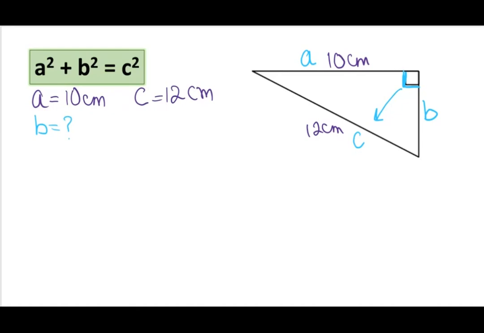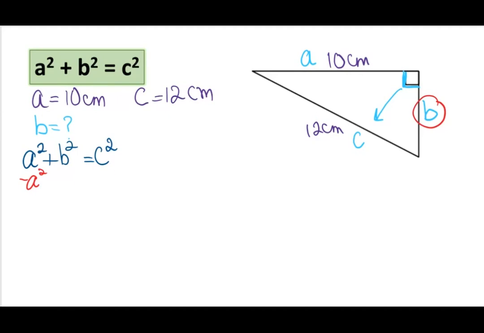Okay, so let's write down our formula, which is a squared plus b squared equals c squared. Now we need to solve for b, so we need to isolate b. We're adding a squared on this side, so we're going to subtract it.